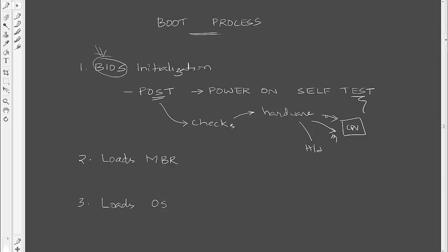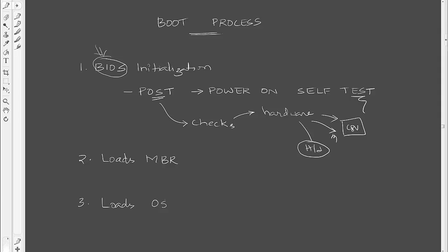So after it does all that, it will find the hard drive. Let's say, for example, one of these is missing. The system, you might hear some sound, and it'll just not boot. You'll see an error on the screen. Let's assume that it found all the hardware that is needed for booting.